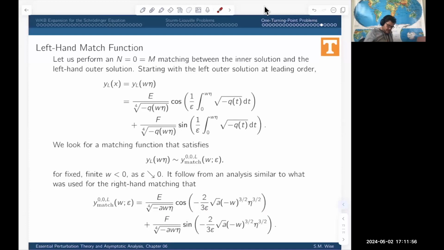Just keep in mind that everything is negative now. So this becomes cosine of minus 2/3 epsilon square root of a times minus w to the 3/2. W is negative, so this is now made positive, so I fix that up by adding a negative sign here. Eta is always positive, and you get the same thing for this sine.